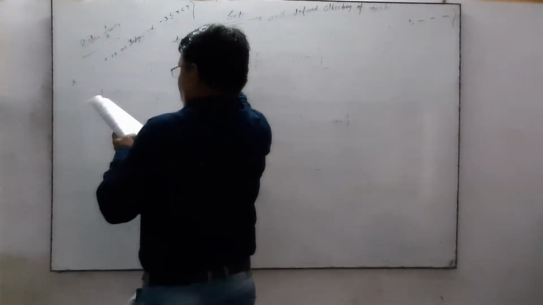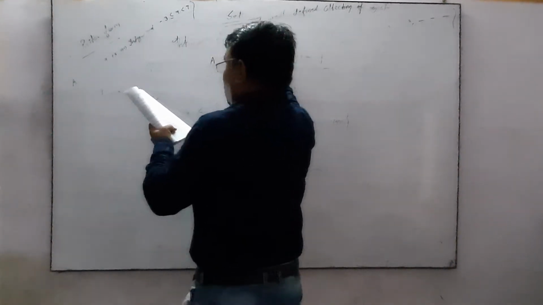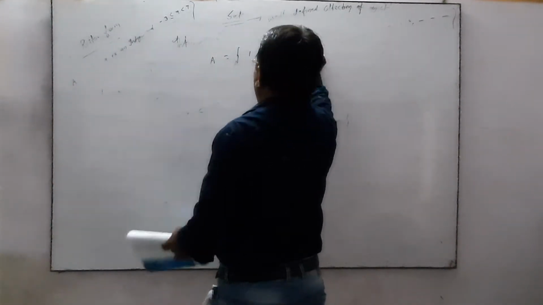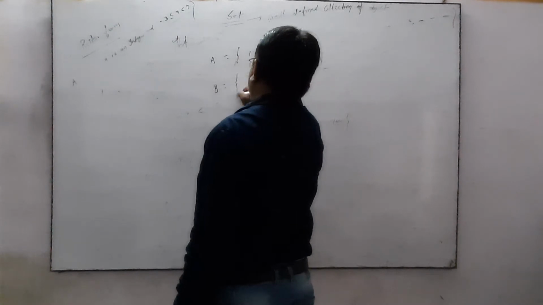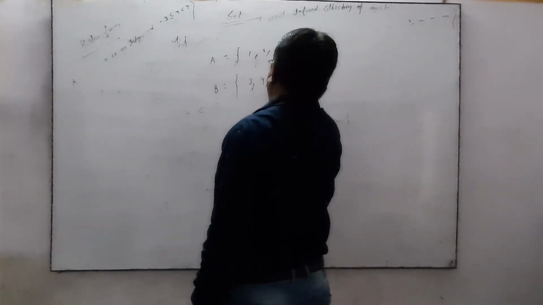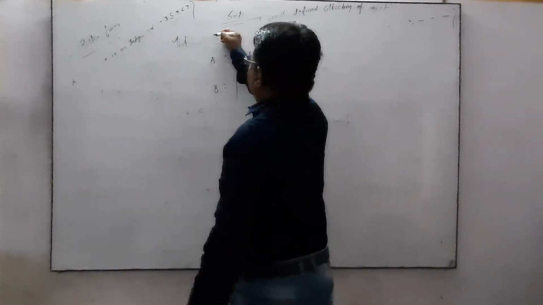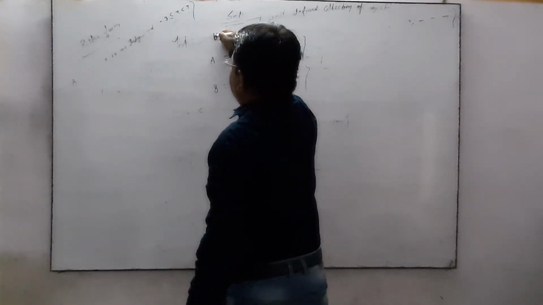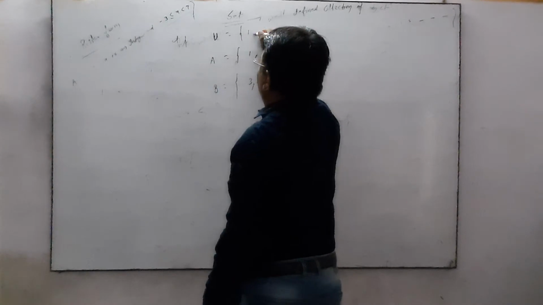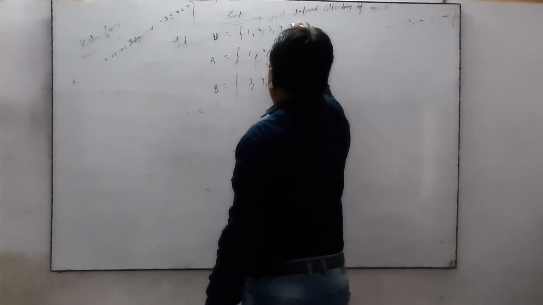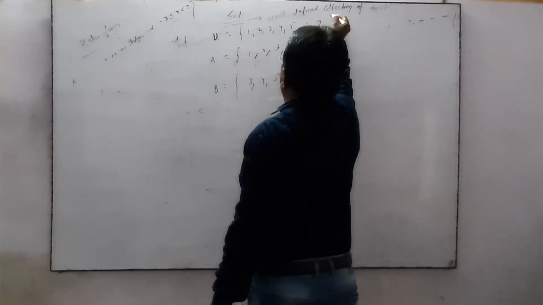For example, set A is 1, 2, 3, 4. Set B is 3, 4, 5, 6. And now the universal set, capital U, is 1, 2, 3, 4, 5, 6, 7. That's all.